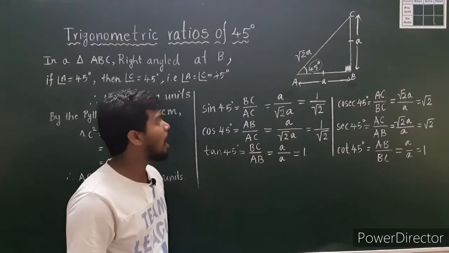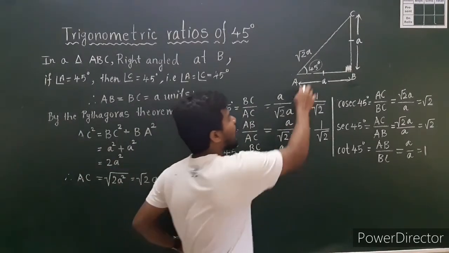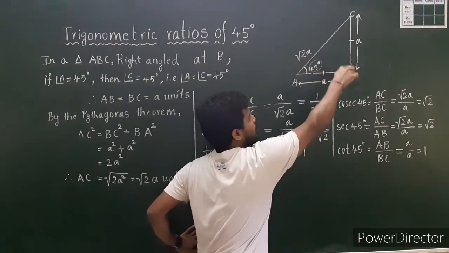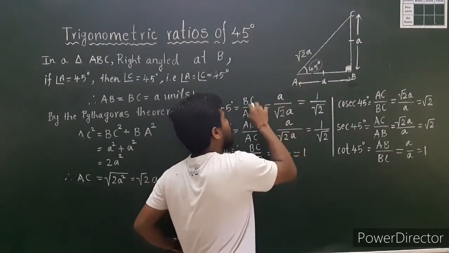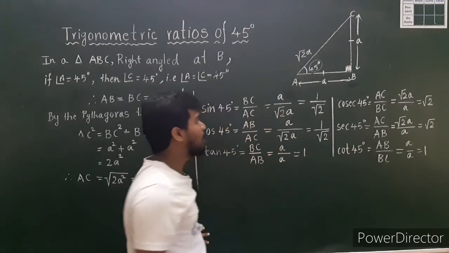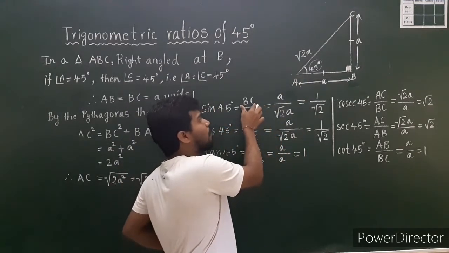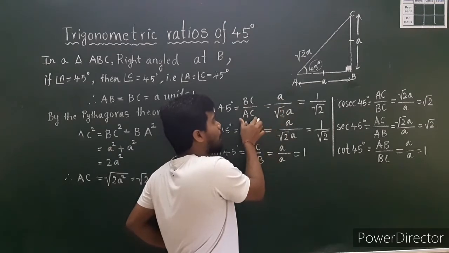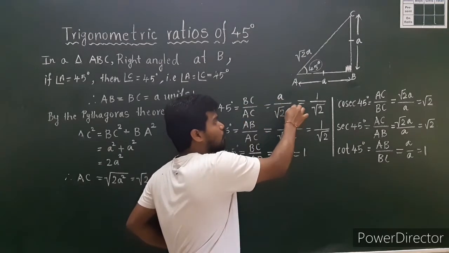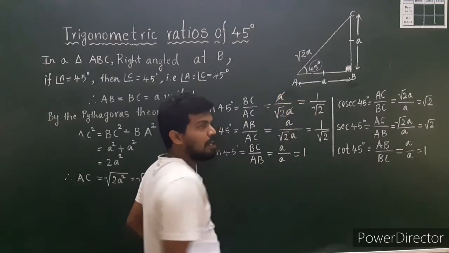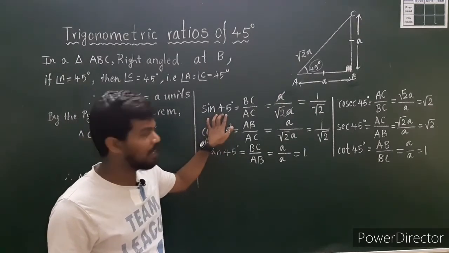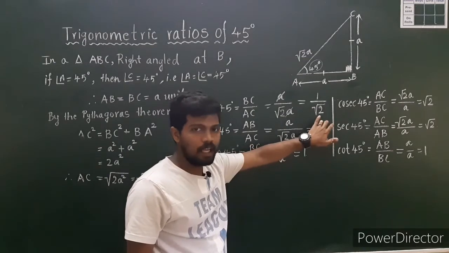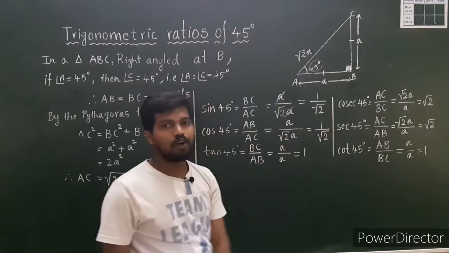The opposite side for this angle is BC, so BC divided by AC. The value of BC is a and the hypotenuse is root 2 a. So a cancels, the remaining is 1 by root 2. The value of sin 45 degree is 1 by root 2.